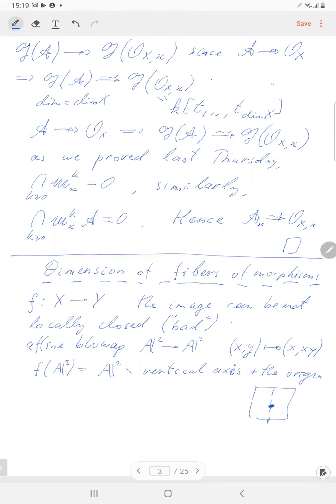Okay, so the image is something strange. It's not locally closed. It's called constructible. I mean, it's a finite union of locally closed subvarieties.